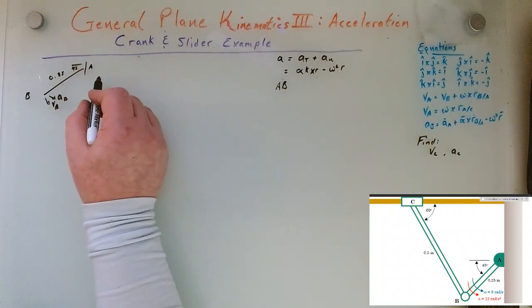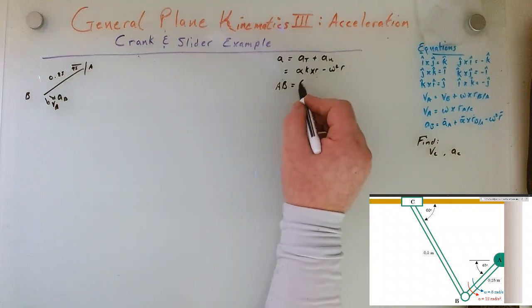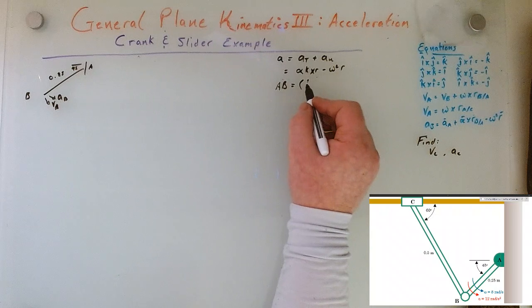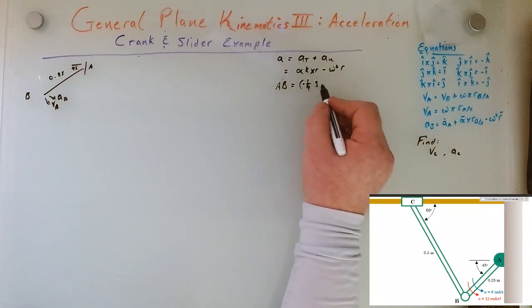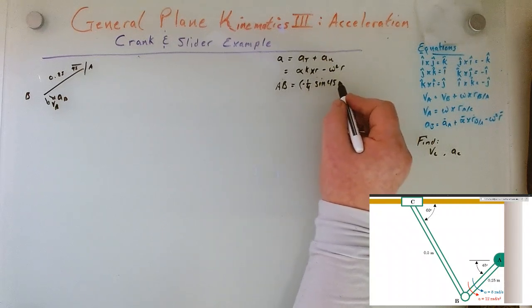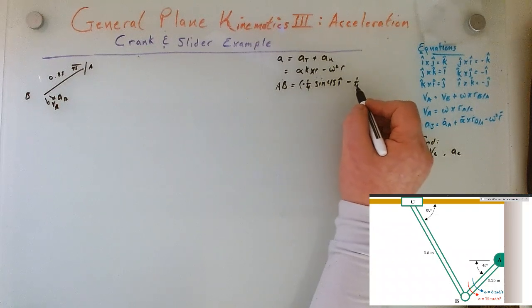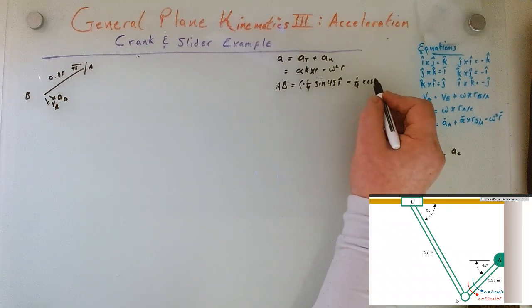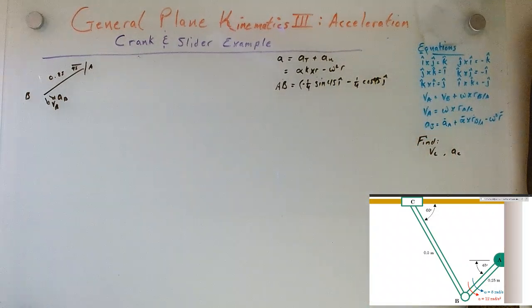So AB is going to be equal to, in shorthand, minus 1/4 sine of 45 i, minus 1/4 cosine 45 j.